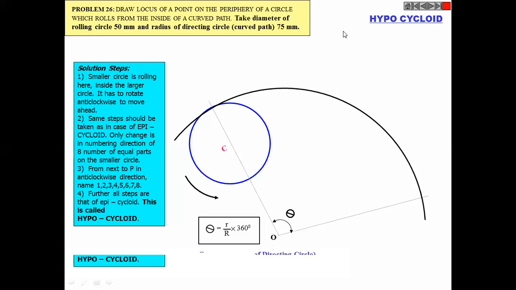What is this? This is the directing circle. Okay, it's visible now. Fine.